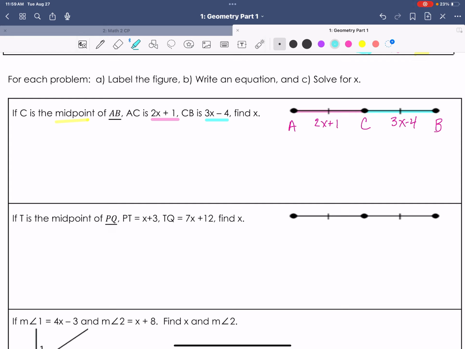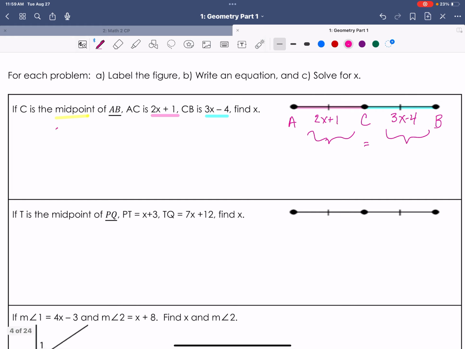So midpoint means that they are going to be equal to each other because these should be congruent. So what you're going to do is take this part and set it equal to this part, because midpoint is in the middle of the line segment. All right, so then you're just going to move your variables to one side, move your numbers to the other side.